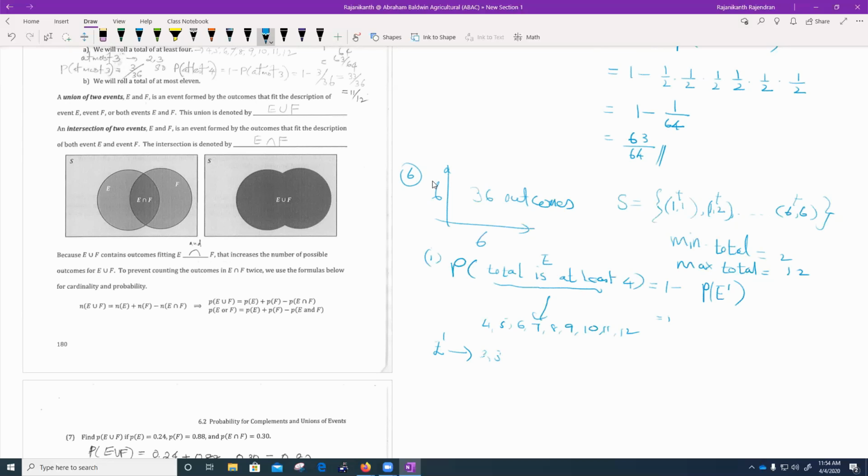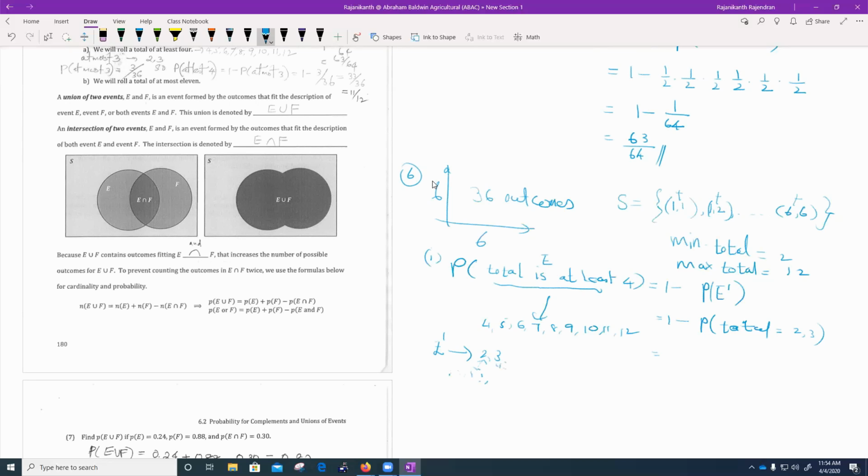Okay. Therefore, my E prime means what? The probability of getting a total of 2 and 3, right? So remember, to get the number 2, I have only one chance, that is 1,1.